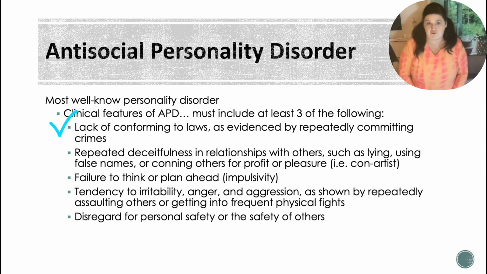When you hear the word antisocial, I don't want you to think of it like the schizotypal personality disorder. I don't want you to think, I don't want to be social with anyone. I want you to think they shouldn't be social, okay? You should keep away from these people, right? Because they're criminals.